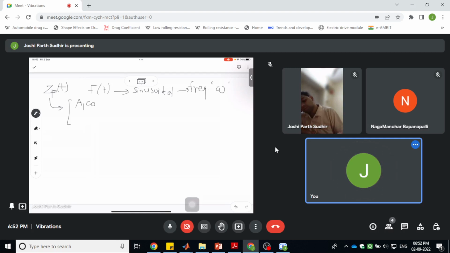Then we can assume a particular solution of the form a1 cos omega t plus a2 sin omega t, and b1 cos omega t plus b2 sin omega t.